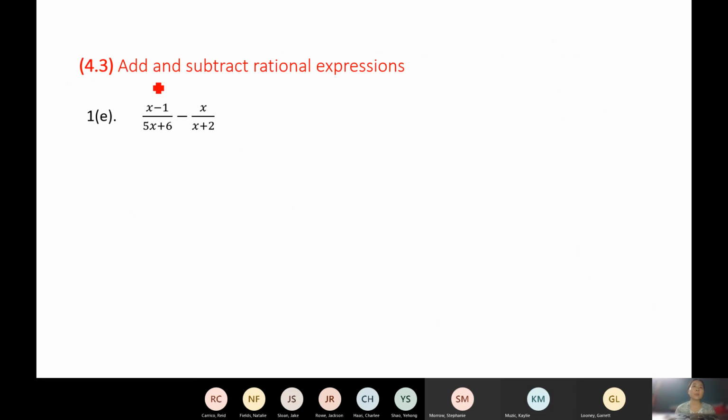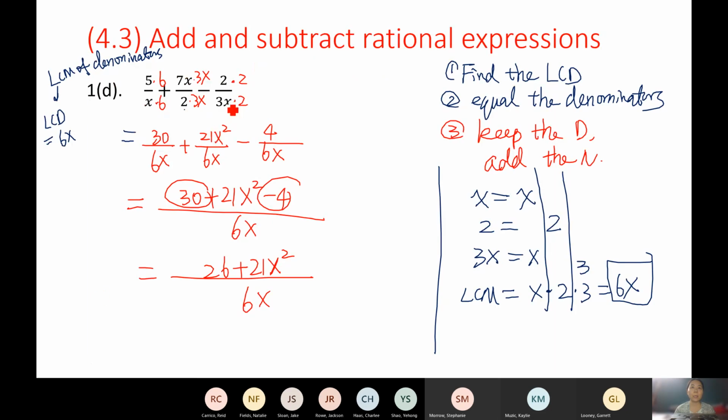Now the next one is also addition and subtraction, but this time the denominators cannot be factored. Previously, if you see this example, 3 times x, you can actually factor it as x times 3. In the homework we actually did more complicated ones than these, like 6a squared b cubed. But you can factor all of these.